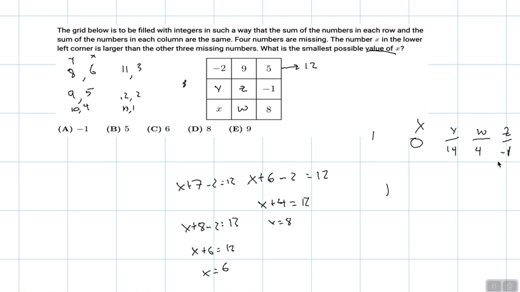Does that work? The number x in the lower left corner is larger than the other 3 missing numbers. Oh, x has to be larger than the other 3 missing numbers. Never mind. Okay.